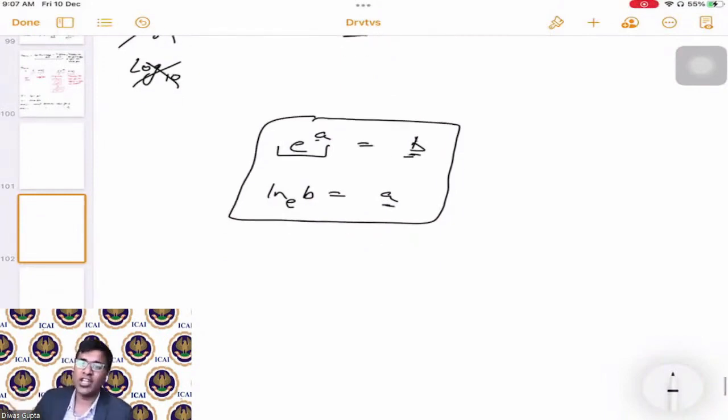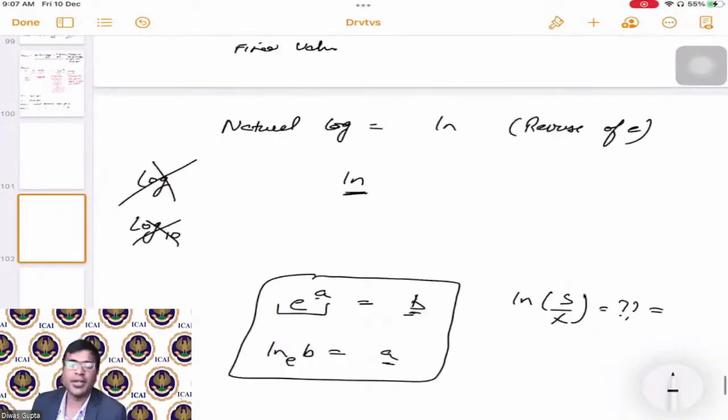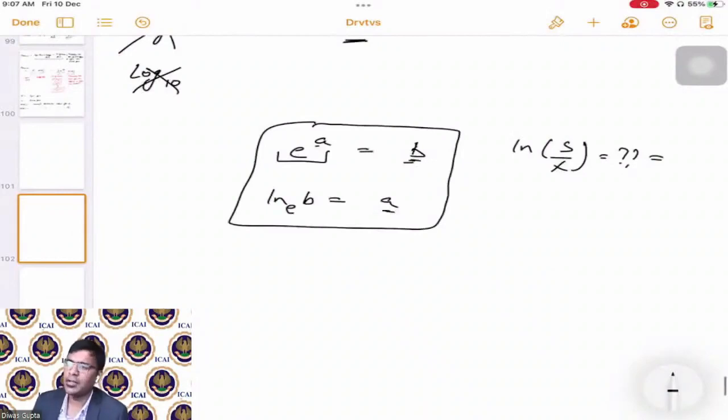Most of the time, the value of natural log of S by X would be given in the question, so you don't have to worry about that. But still, log is just a reverse of exponential function. If E raised to the power A is equal to B, natural log of B will always be equal to A.